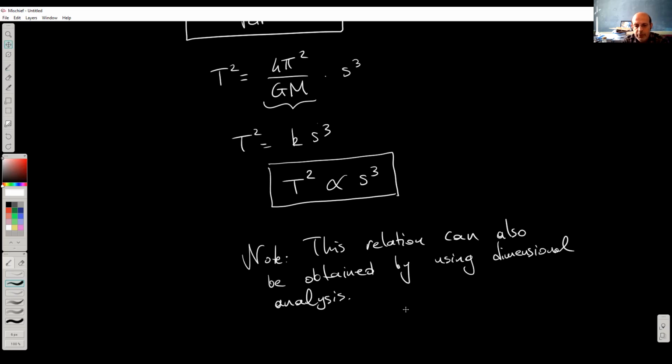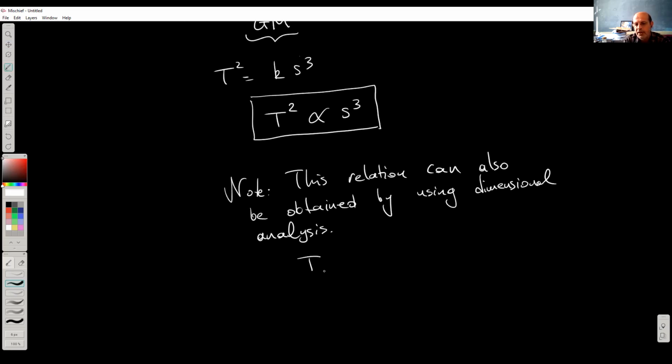Because we have these four quantities. One has the dimensions of time, one has the dimensions of length, one has the dimensions of mass, and then a constant of nature, which has a certain dimension expressed in terms of these fundamental dimensions. As a result, there can be only one possible relationship between them.